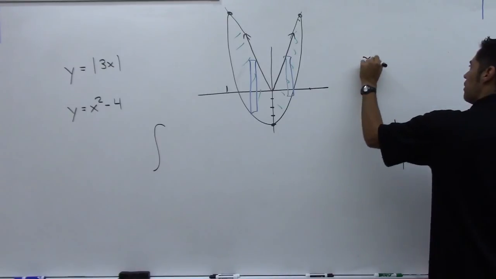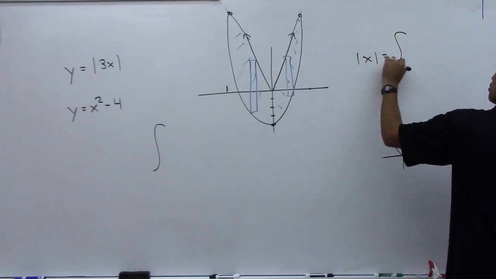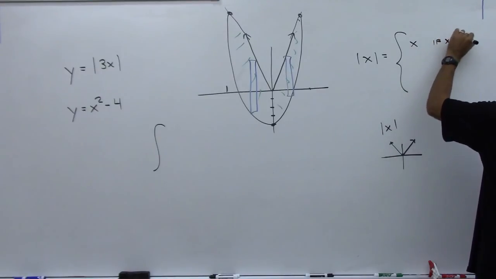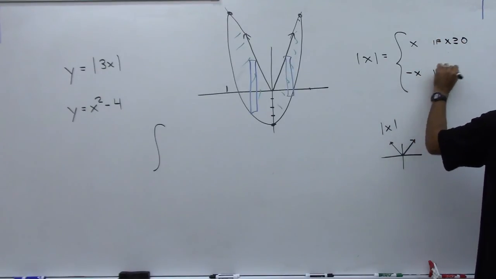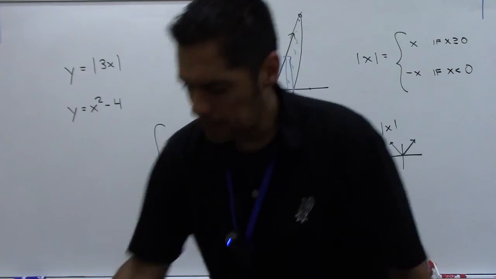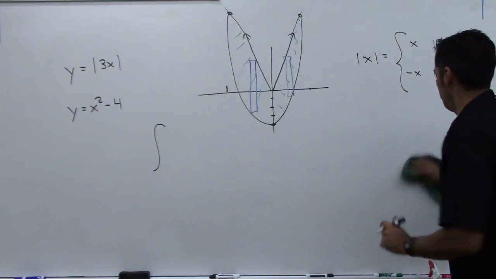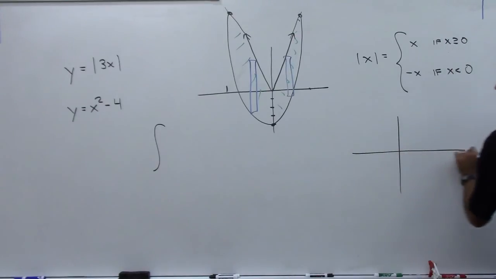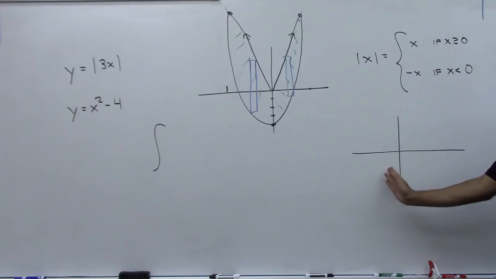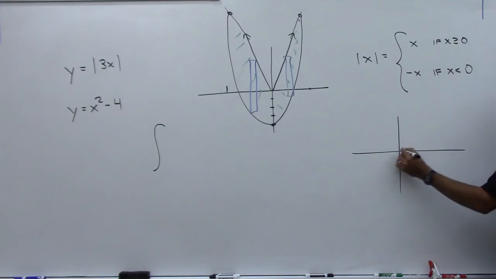So you have to understand a little bit about the absolute value of x. The absolute value of x is actually equal to x if x is bigger than or equal to 0, and negative x if x is less than 0. Let me explain what this means. If I asked you to graph f of x equals x, you would draw the diagonal, but only if x is bigger than or equal to 0, so only over here.